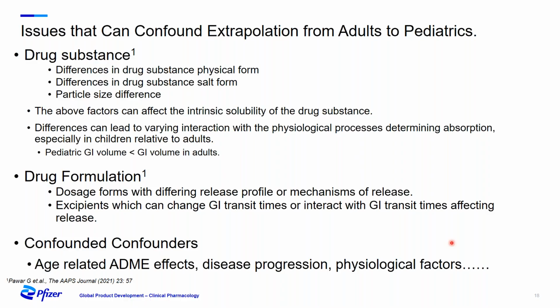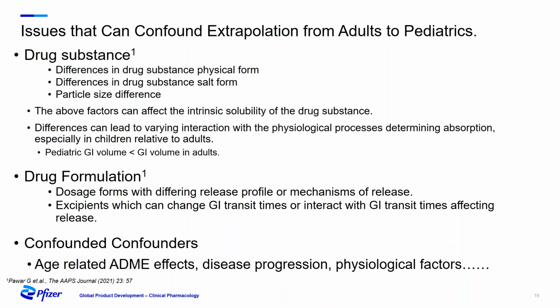The last bullet on this one is what I'm calling confounded confounders, and under this category I usually club age-related ADME effects, disease progression, physiologic factors, and so many other things that typically get cited in the literature.